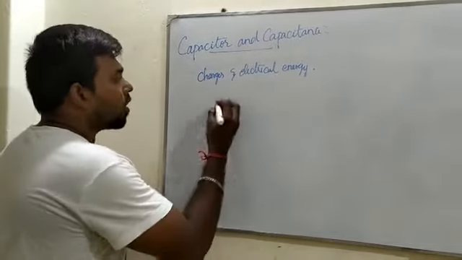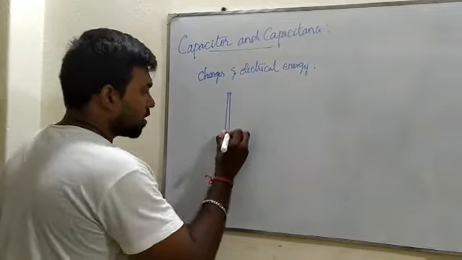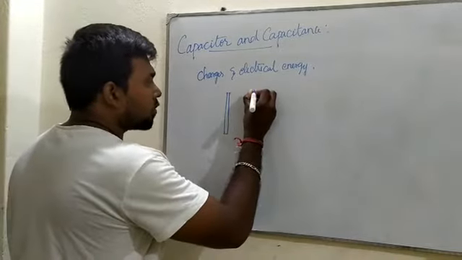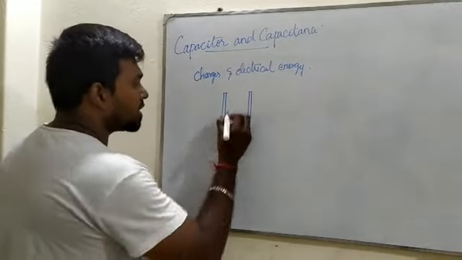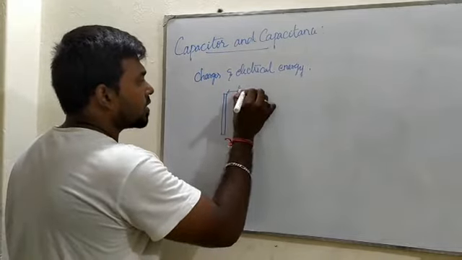Let us take a small capacitor which mainly consists of two plates or two sheets which are separated by a small distance d.